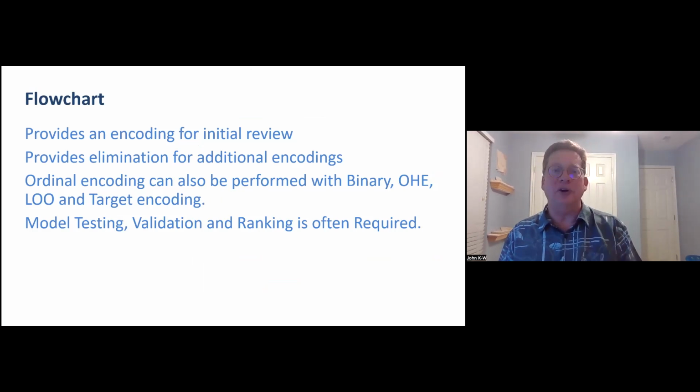So the flowchart is an initial encoding method to take a look at. You can often find that you get reasonable results with the encoding mechanism it recommends, but you'll find, using a similar encoding method, more accurate results as you work through some of the other algorithms.